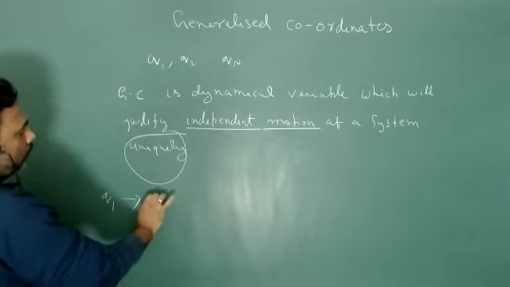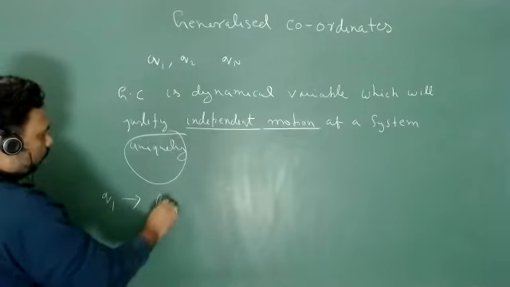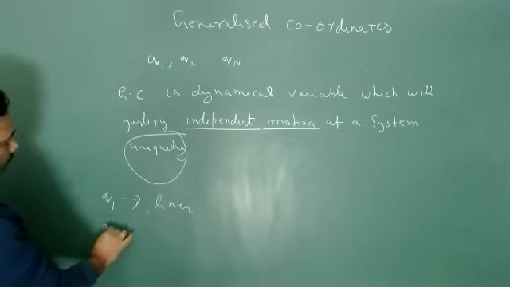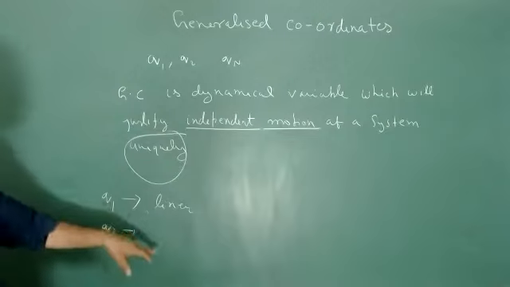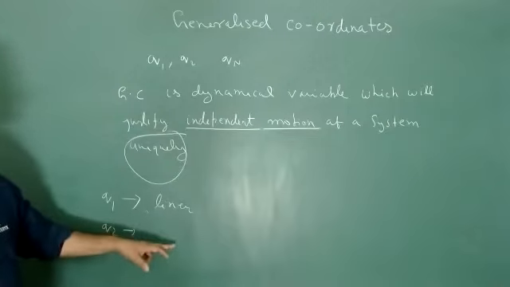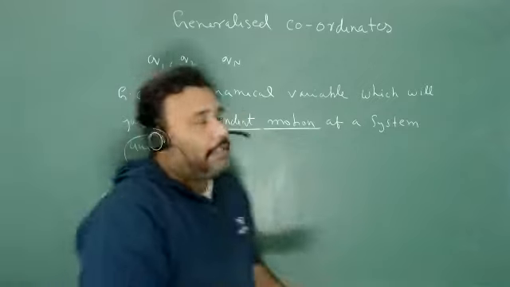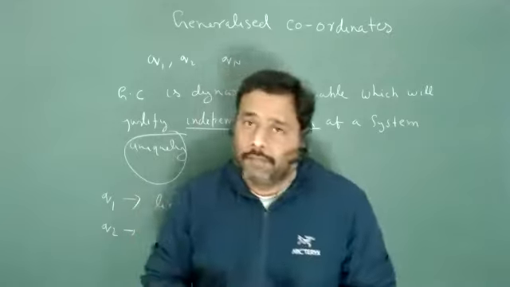Suppose it is associated to, let's say, the radial part of motion, or linear motion. Another generalized coordinate will not be associated to this one. This should be associated to another type of motion. So that is why we say it will justify independent motion of a system uniquely. And this definition is given by Landau.